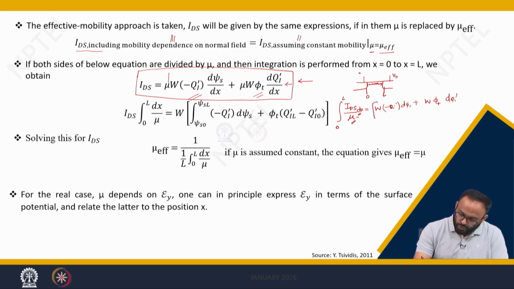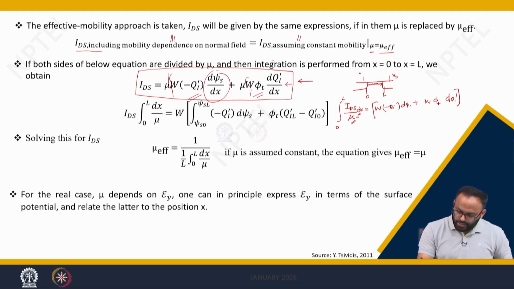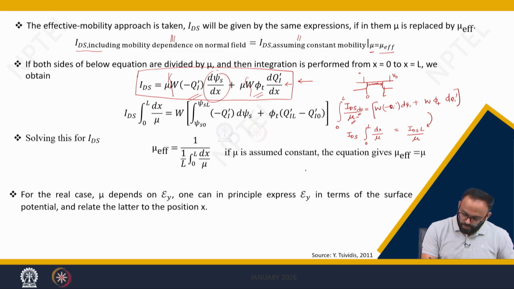Following this, we can use the term W times minus Qi' times delta psi by delta x plus W times phi_t times delta Qi' by delta x from the previous equation. You can rewrite this equation as I_DS is constant, integration from 0 to L of dx by mu, and this can be written as I_DS times L by mu. From this equation, you can simply find that mu effective is equal to 1 over L times the integration from 0 to L of dx by mu.